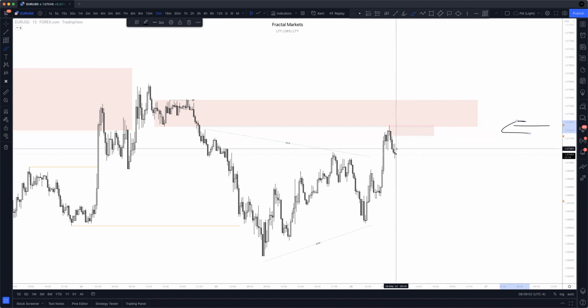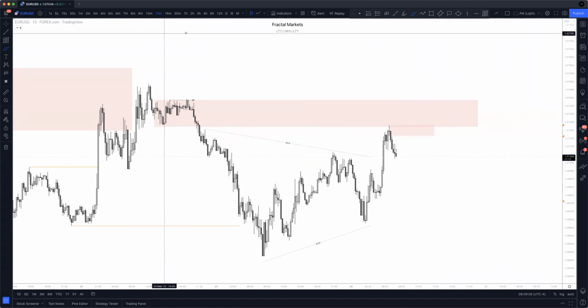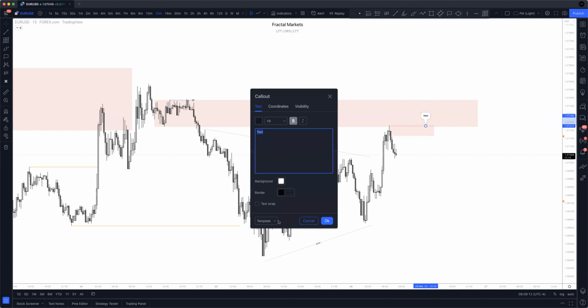So if this breaks, or if we hit this POI, what's the first thing we're going to look for? If we hit this POI, we know that we're going to be trading this pro trend, pro order flow, right?